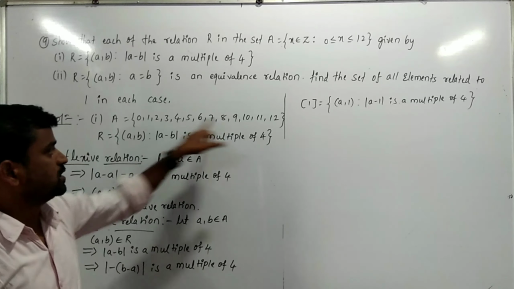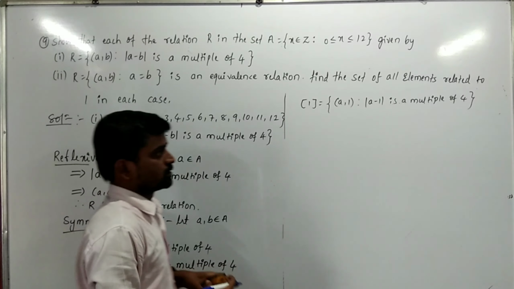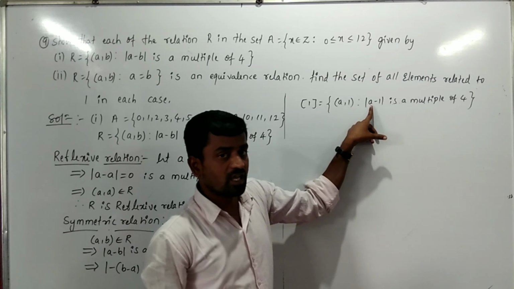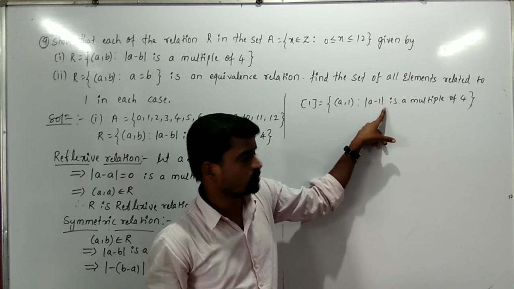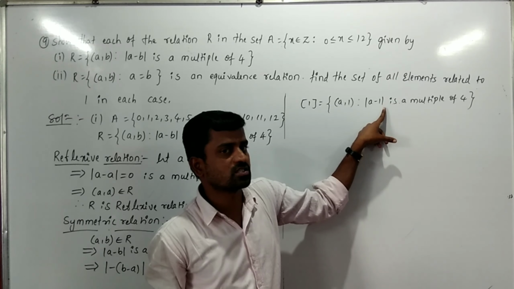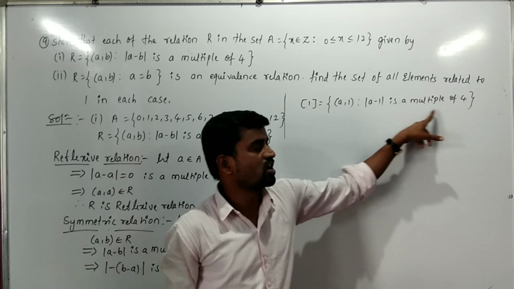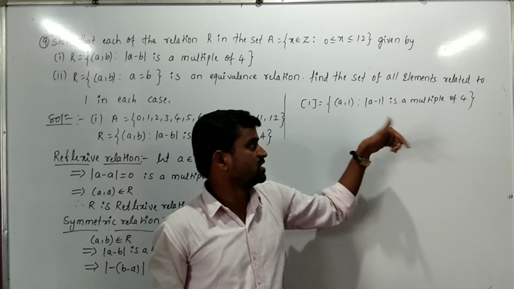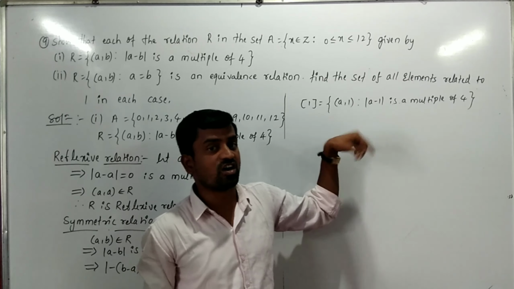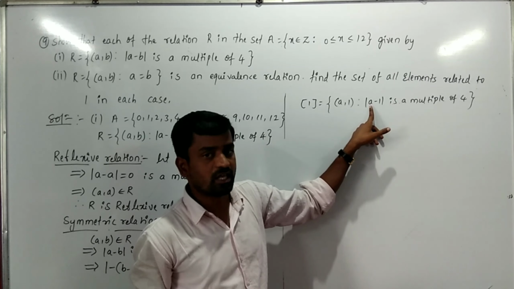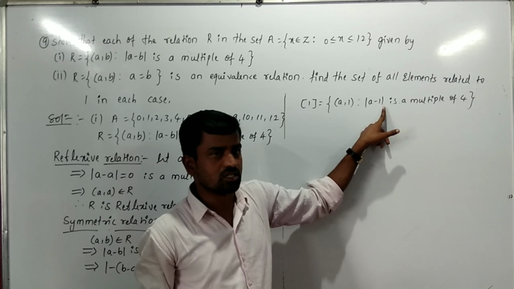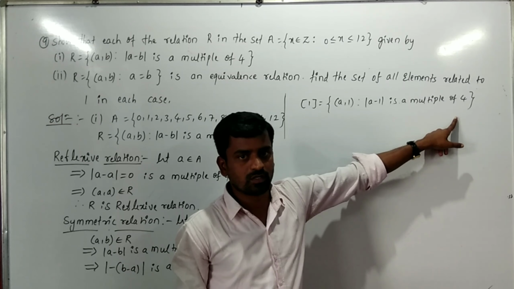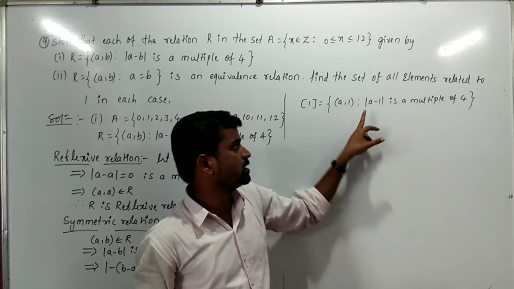related to these elements. If the value of a is 0, then modulus 0 minus 1 is -1, modulus -1 is 1, 1 is not a multiple of 4, so 0 is not related to 1. Then you take a is 1, 1 minus 1 is 0, 0 is a multiple of 4, therefore 1 is related to 1.